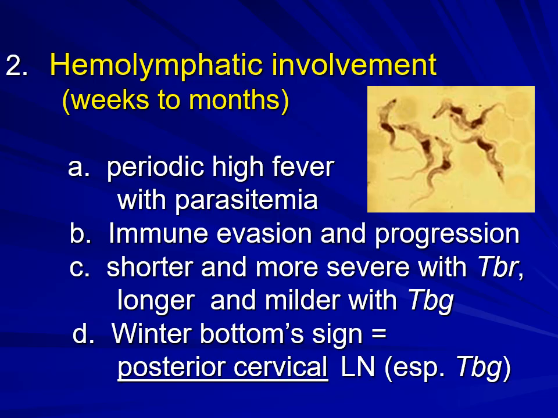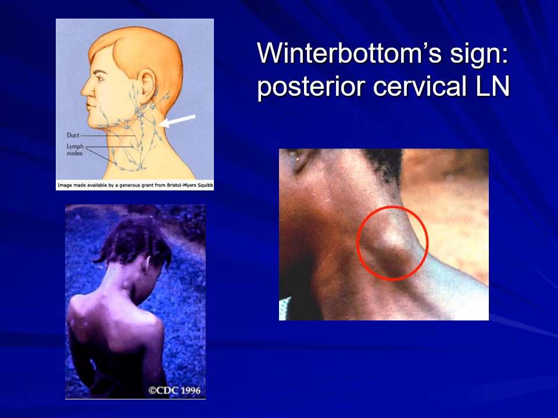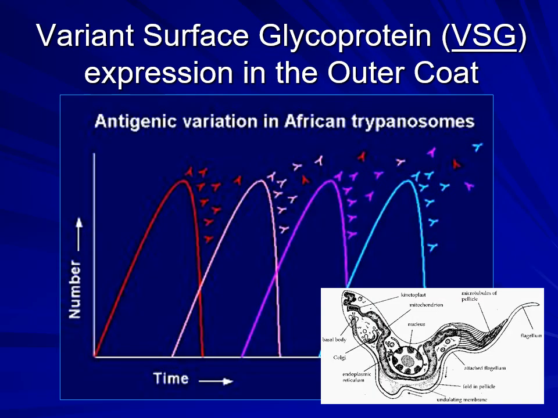Now, the Winterbottom sign, which corresponds to a posterior cervical lymph node, is much more common with the gambiense variety in Central and West Africa. And this is the Winterbottom sign. You can see the enlargement of those posterior cervical lymph nodes, taken as the Winterbottom sign in the second phase of trypanosomiasis.